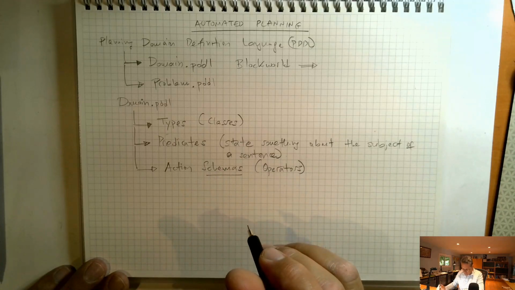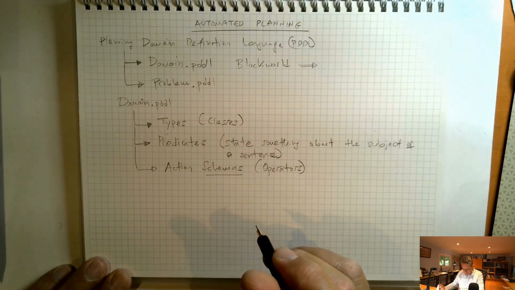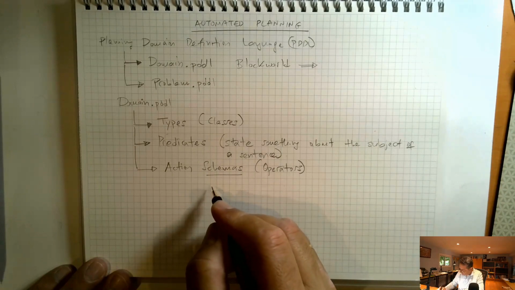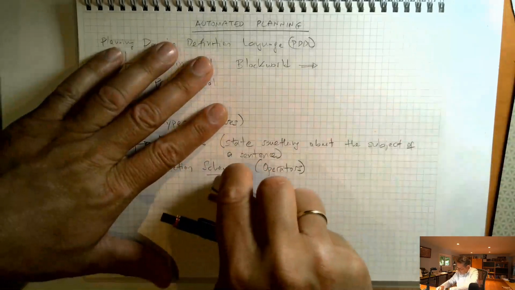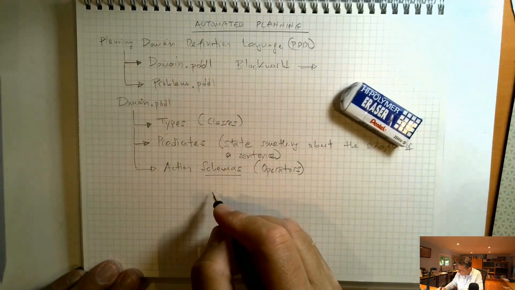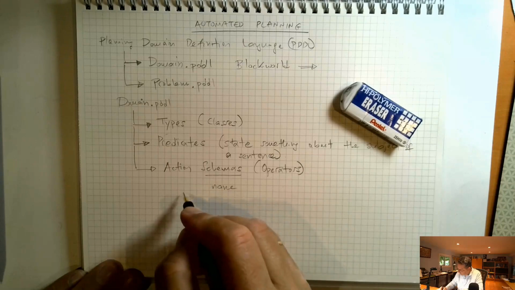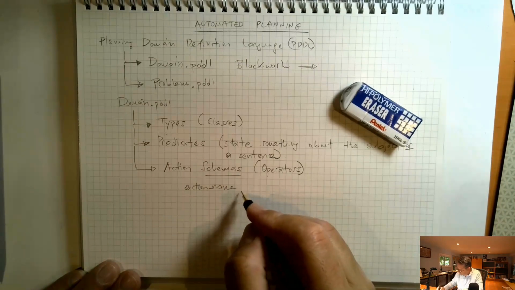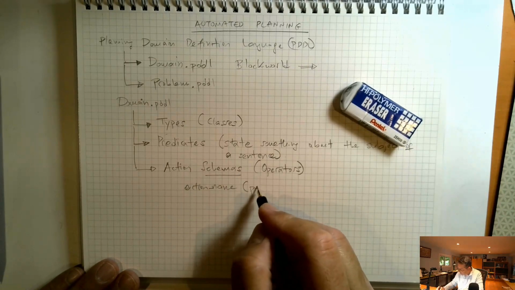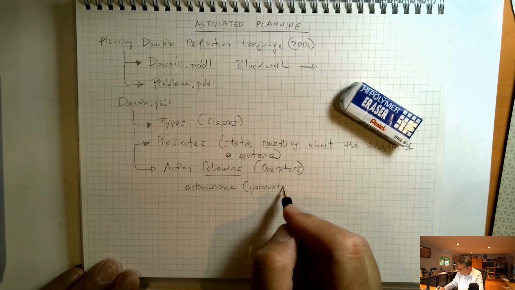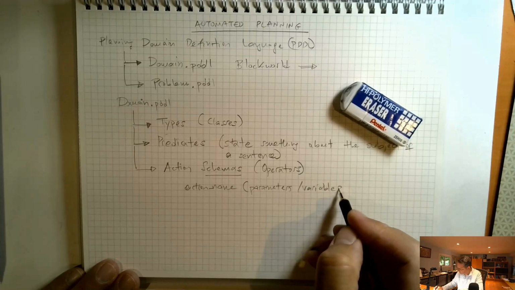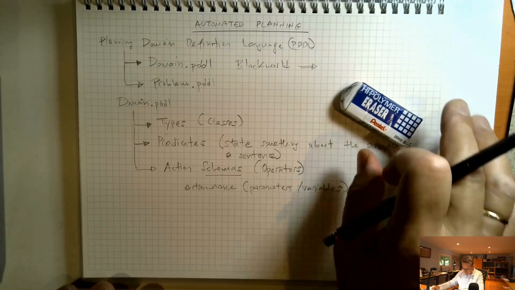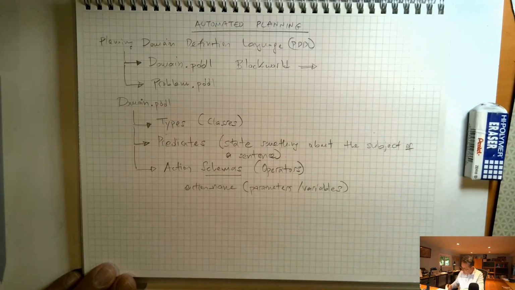So the schema consists of the name of the action and parameters. So action name, with some kind of parameters, also known as variables. And this will actually be the signature that we will see these action schemas being discussed with.